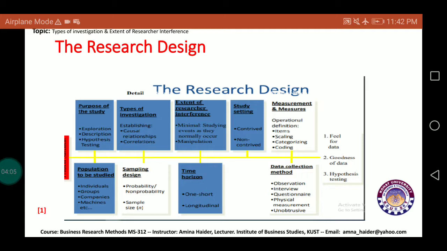The researcher has to decide in which setting, in which circumstances he is going to conduct the research. He has to decide on the unit of analysis before conducting the actual research. All these blue entities depict the elements of research design. So you have to decide on all these elements in advance.